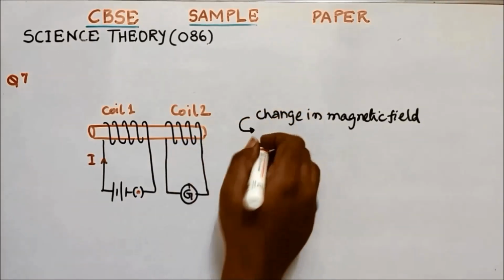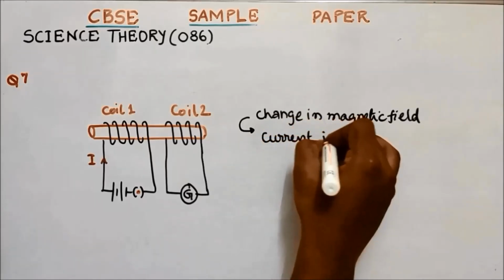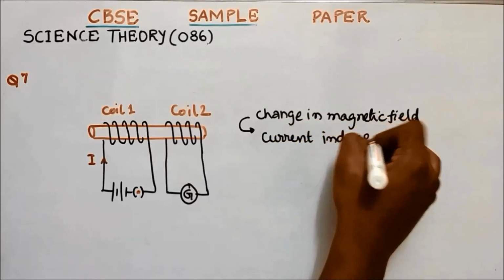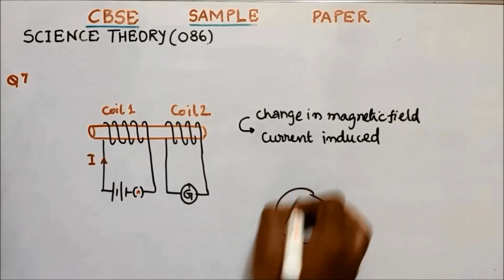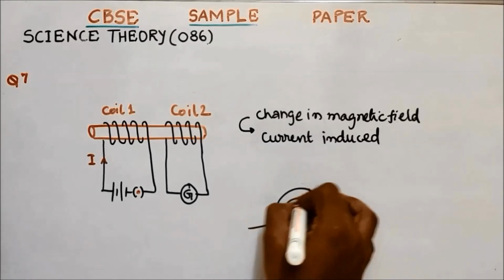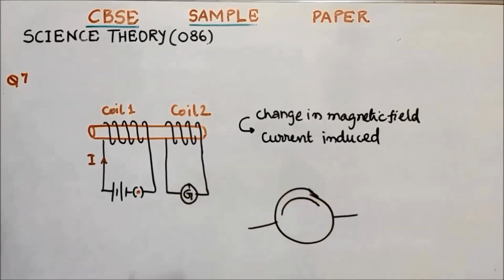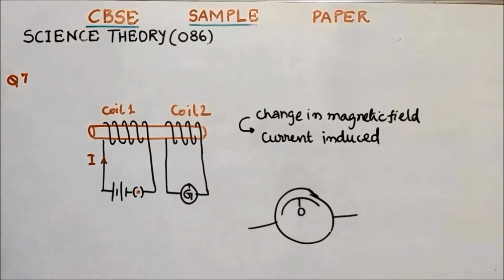In which coil the current will be induced? Current will be induced in the coil number 2. So current is induced in the coil 2, and because of that current, I'll show the galvanometer here. So let us take this as a galvanometer. This is the reading, or you can say scale on the galvanometer, and the galvanometer will have a 0 at the center.